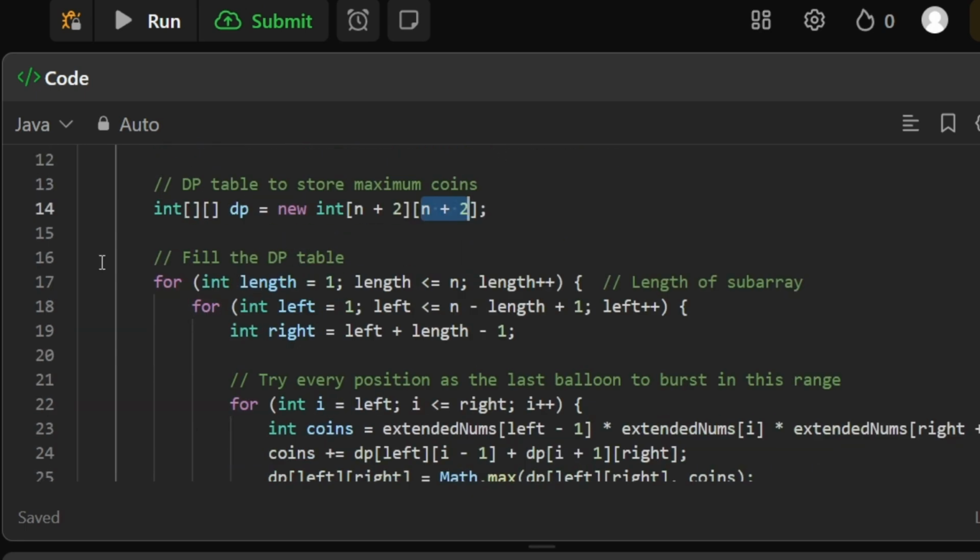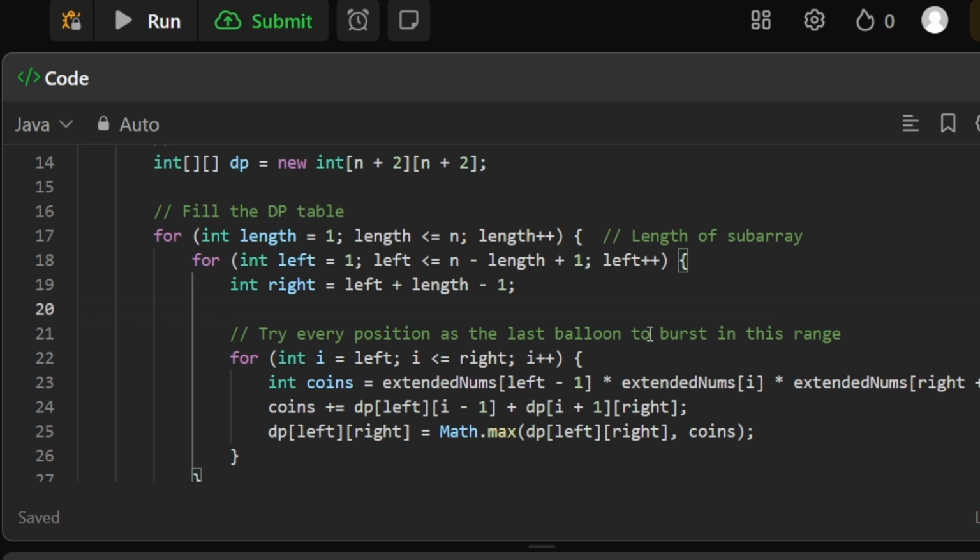Now we'll start filling in our dynamic programming table and iterating over all the values. On top of it, we'll have to define a range for every single different position, and that is what this right length defines, that this is the range we are talking about. And for every single range that is possible, we will calculate what is the maximum coin we can achieve on that particular value.